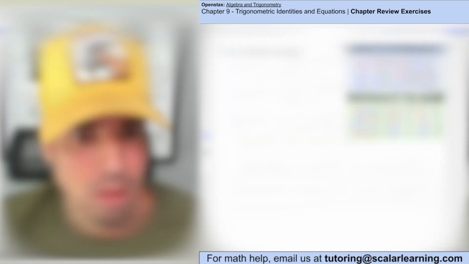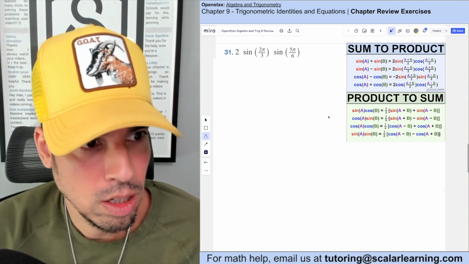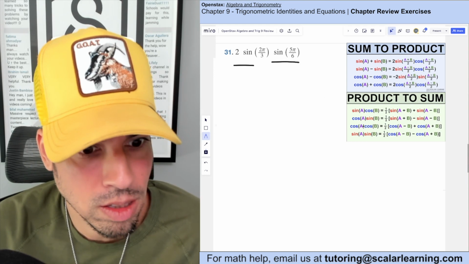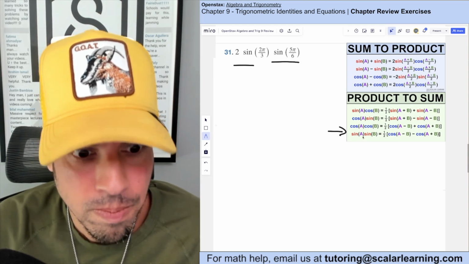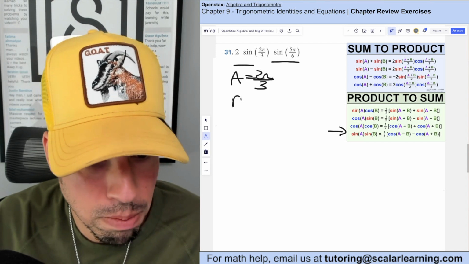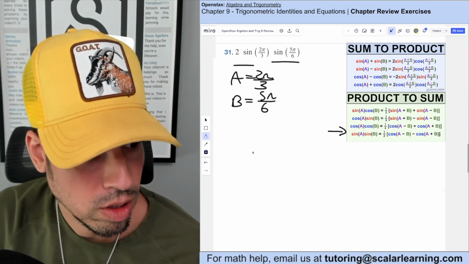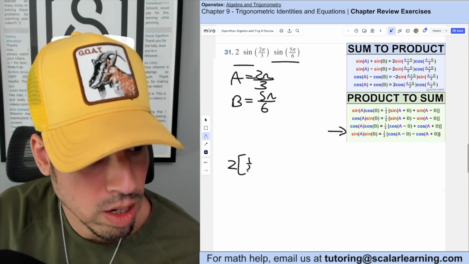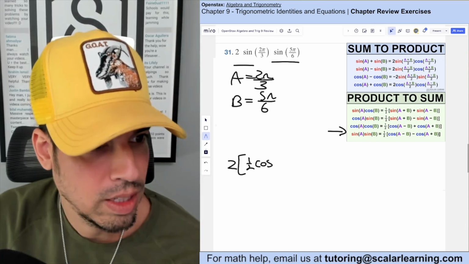Boom, done. So for this one, I'm actually going to use the product to sum, because I recognize it's sine times sine, right? Which occurs right here. And that means that A is 2 pi thirds and B is 5 pi 6. So then to substitute in, it becomes 2 times, and then we have 1/2 of cosine of the difference of these two.